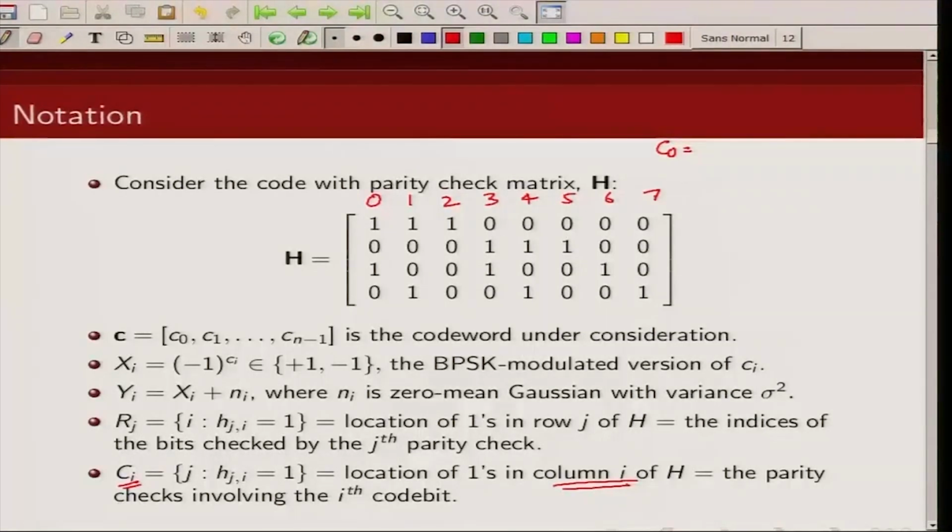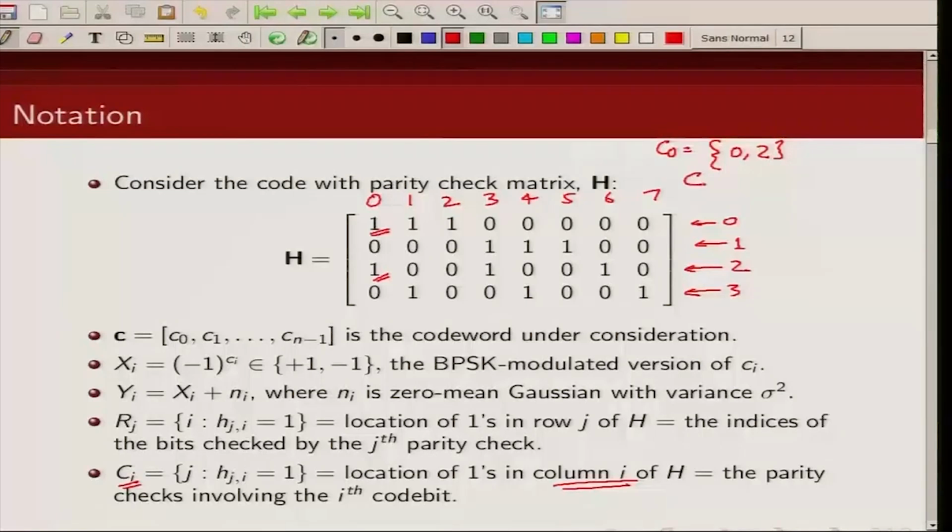So, C0 is, let us just call the rows 0, 1, 2 and 3. If we look at column 0, you can see this bit is participating in the 0th parity check equation and the second parity check equation. So, C0 will be 0 and 2.